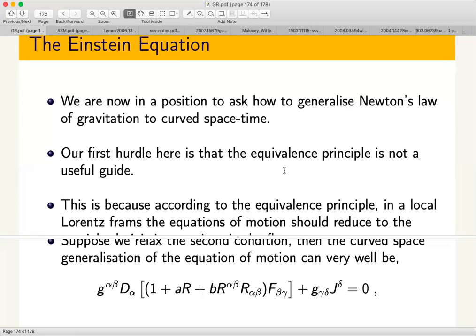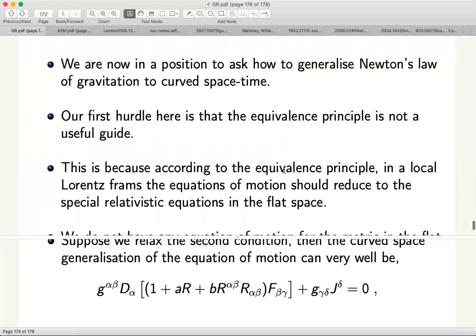So the equivalence principle is not a useful guiding principle, which was a good thing for, say, a scalar or for electrodynamics, but not good for gravity.